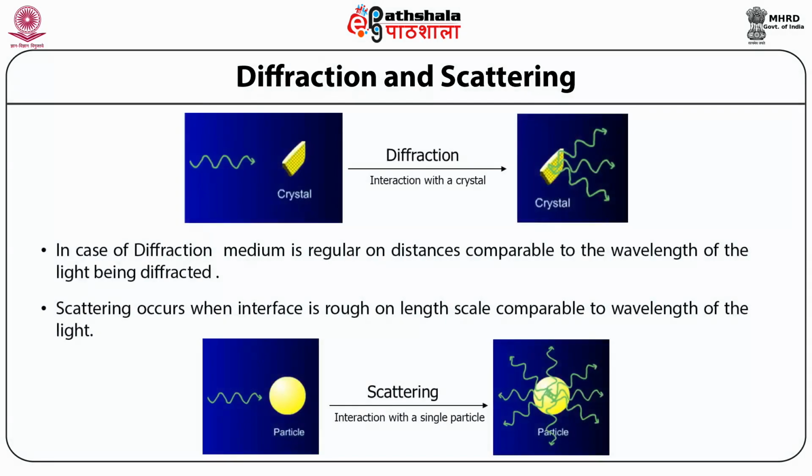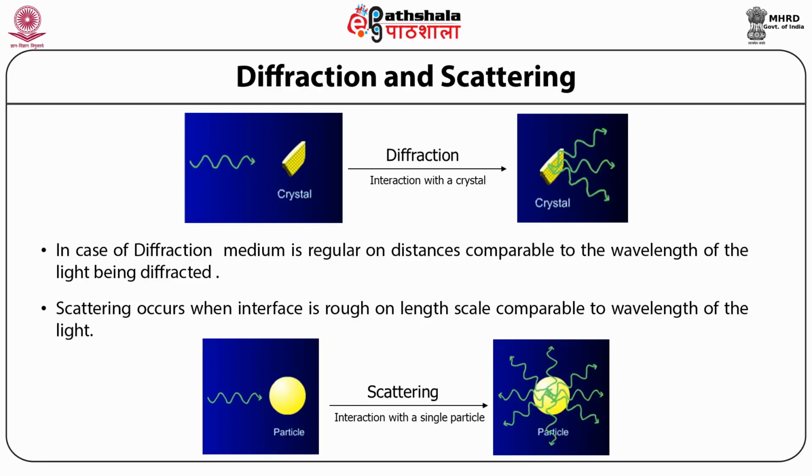Now, diffraction and scattering. There is a difference between scattering and diffraction. Diffraction is a coherent process and scattering is an incoherent process. Diffraction requires that the surface or medium is regular on distances comparable to the wavelength of the light being diffracted.